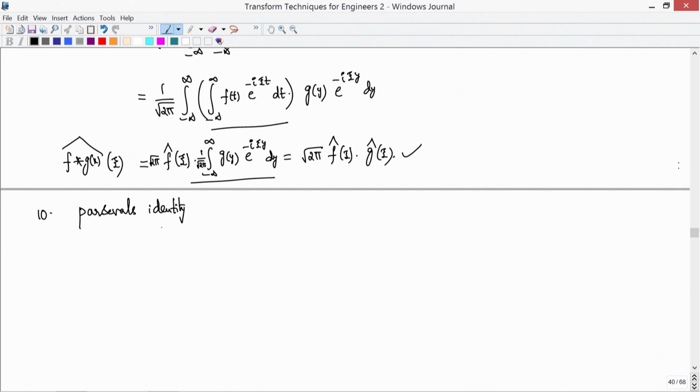You can get a nice identity that tells you that the integral of the absolute square of f of x, modulus f of x squared dx, is the same as the integral of f cap of xi squared d xi. This is what is true if f of x is an absolutely integrable function.